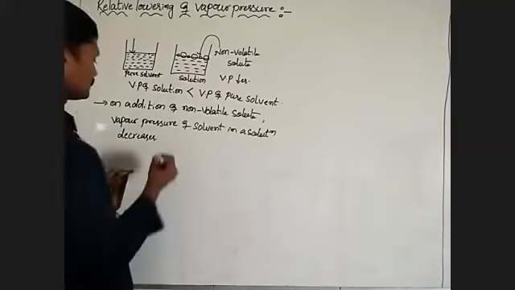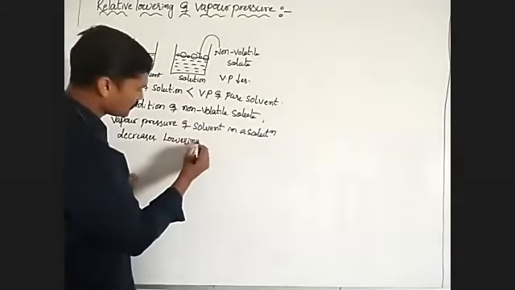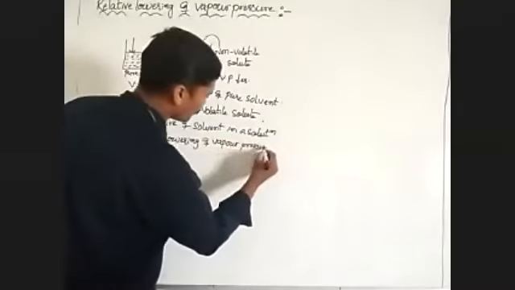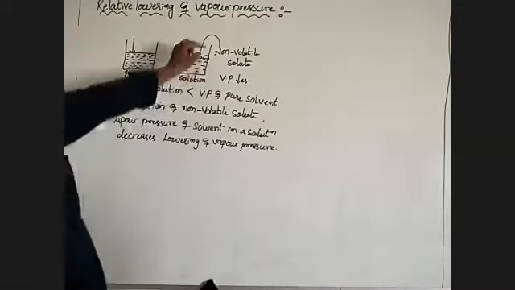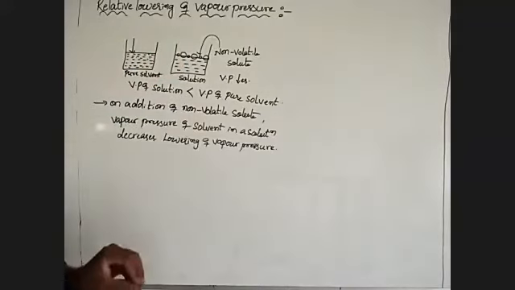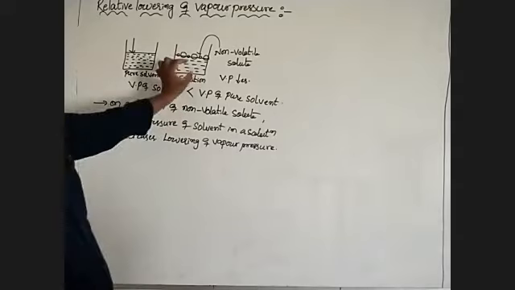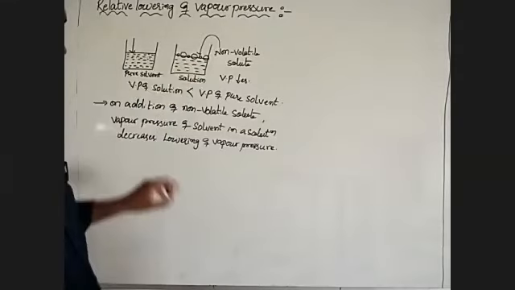This is called lowering of vapor pressure. So lowering of vapor pressure means when a non-volatile solute is added to the solvent, it leads to the formation of a solution, and the vapor pressure of the solution decreases.